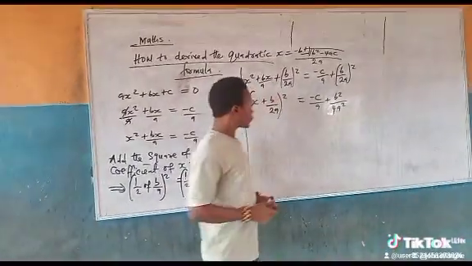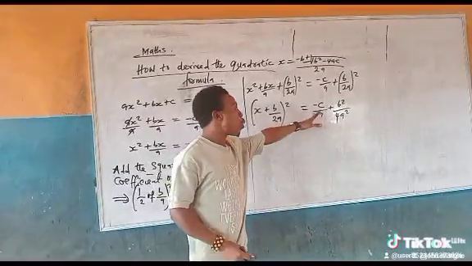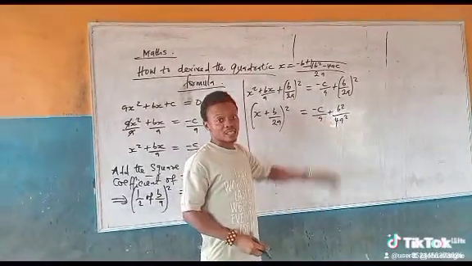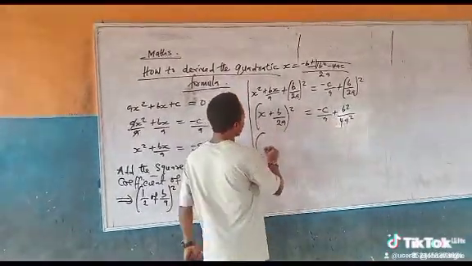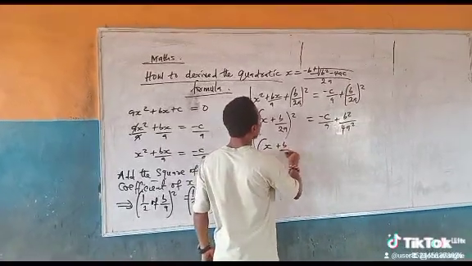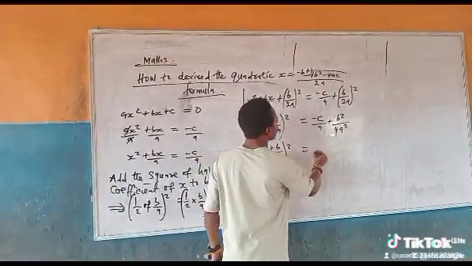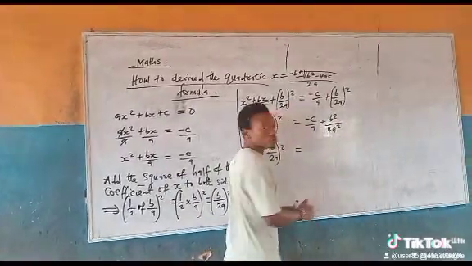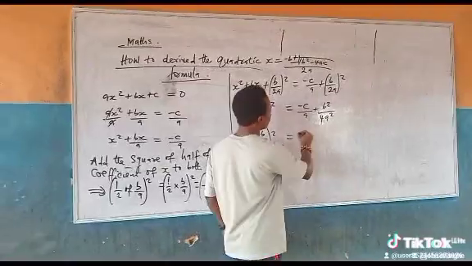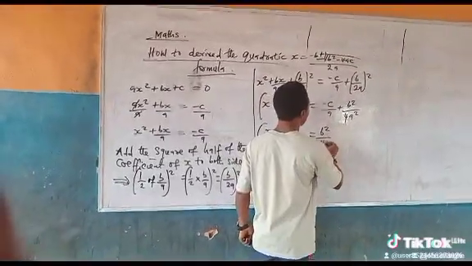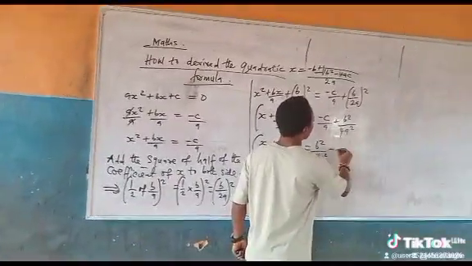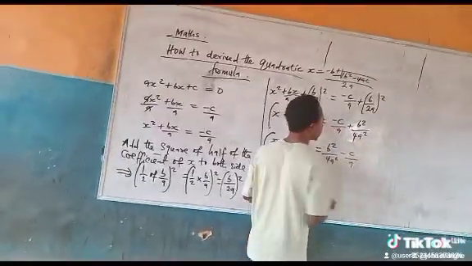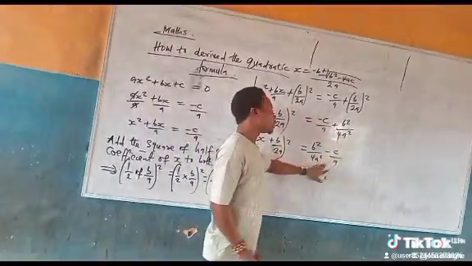Now, the next thing to do is to work on the right hand side. We'll have x plus b all over 2a squared is equal to b squared all over 4a squared minus c all over a.